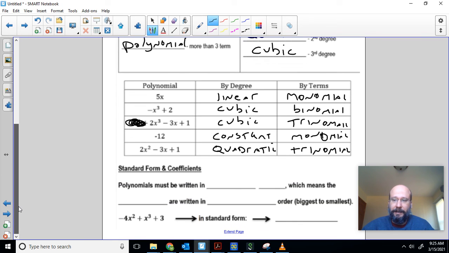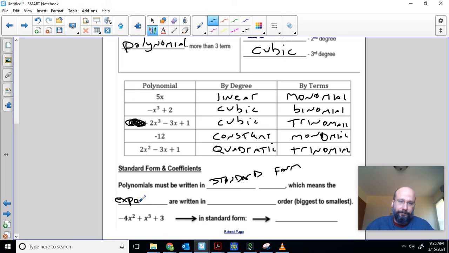I'll go over this a little bit. Part 2 is, I mentioned this in the previous video, but polynomials must be written in standard form. Standard form means the exponents are written in descending order, which means they're written from the highest exponent to the smallest exponent. That's what descending means.